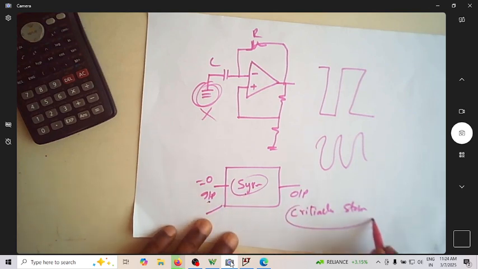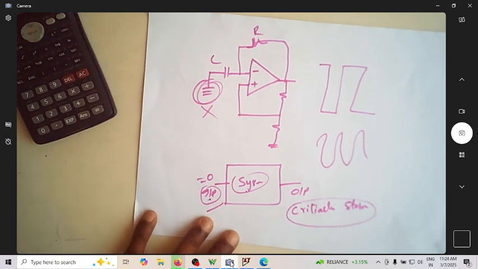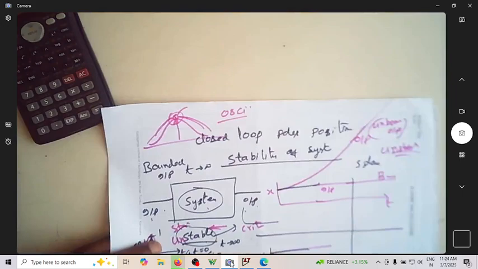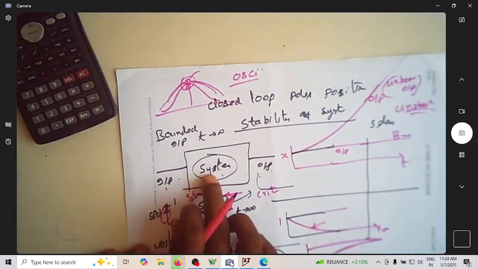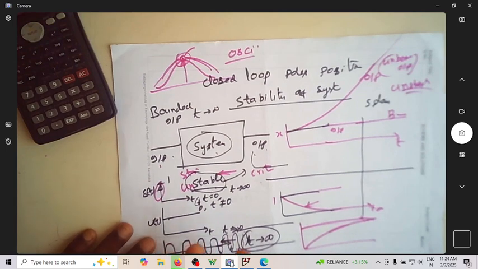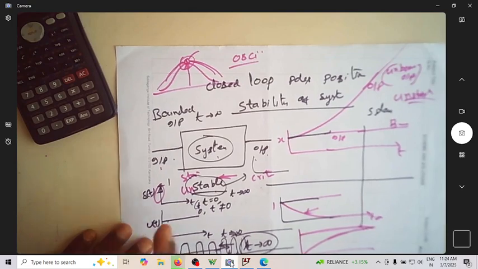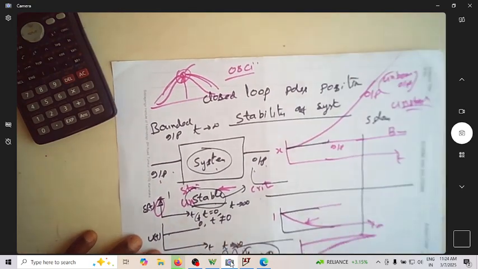For a critically stable system, it doesn't require any input. We call it an oscillator system. So basically what we are trying to do is find out whether the system is stable, or unstable, or critically stable. How do we get to know?